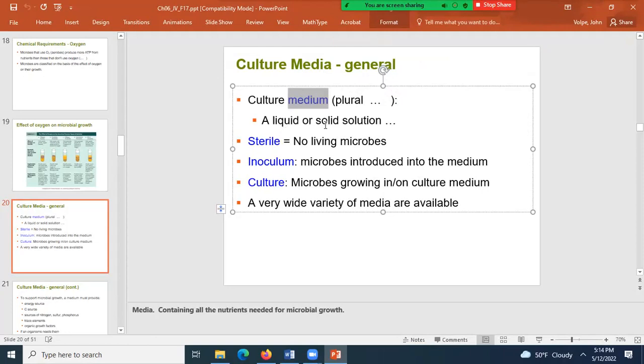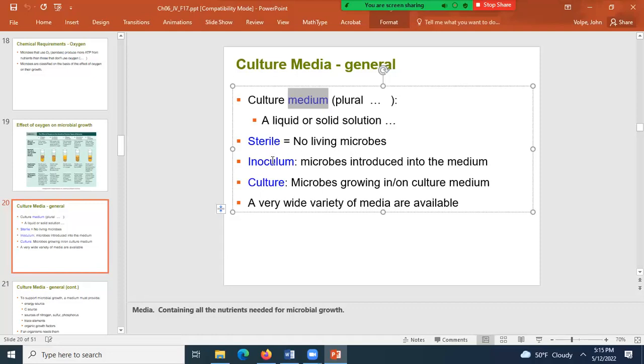They have an additive added to the broth, usually agar, to make it solid. Media contain all of the nutrients needed for microbial growth. The media given to you in the lab is sterile, and it becomes sterile by being put in the autoclave. That means there are no living microbes present if it's sterile.